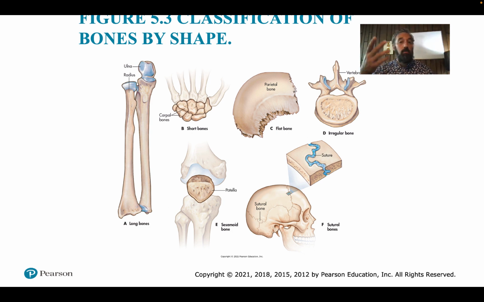Bone shapes. Bones are made up of a variety of different shapes, but generally they are either going to be long bones. Those are the traditional types of bones that you think of in your body. They have a shaft, an epiphysis, and a diaphysis. The shaft, or diaphysis, and then the epiphysis is at either end.